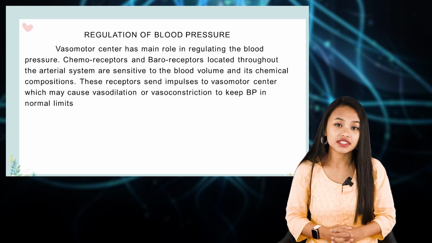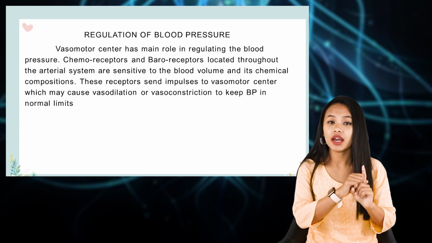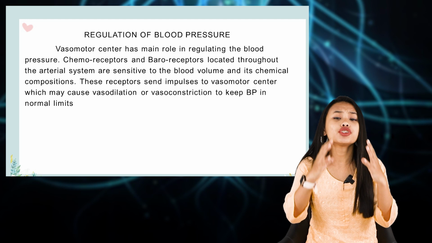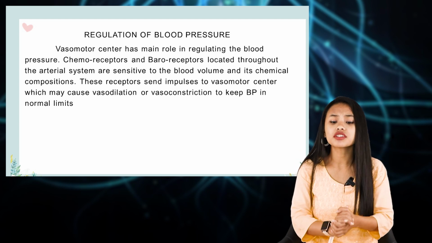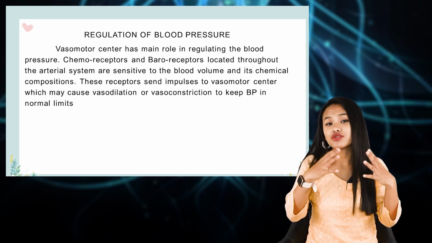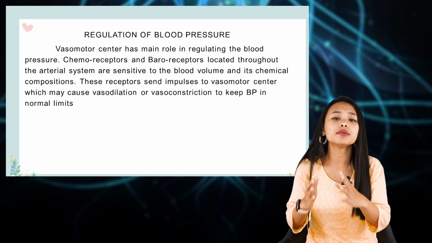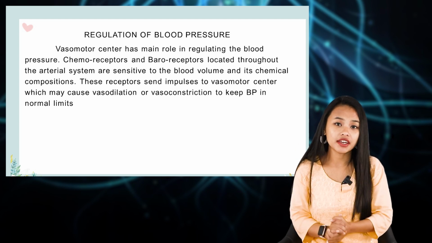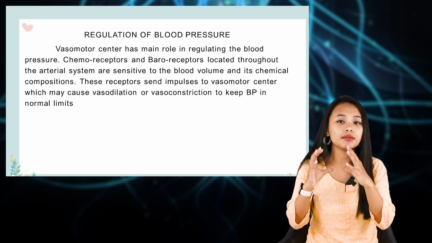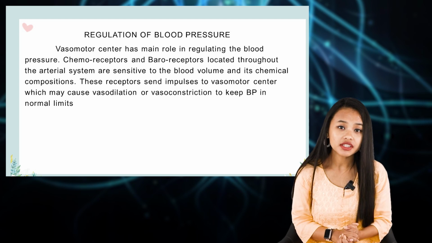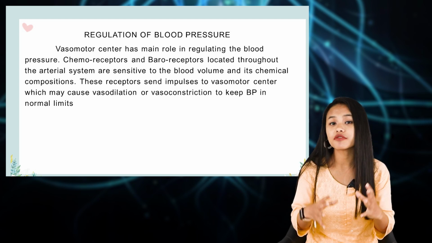So what happens is that these receptors will be sending impulses to the vasomotor centers, which can cause vasodilation or even vasoconstriction in order to keep the blood pressure of an individual in a normal limit.